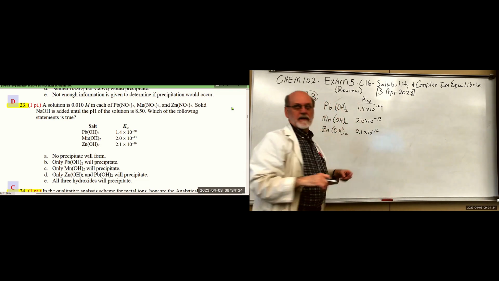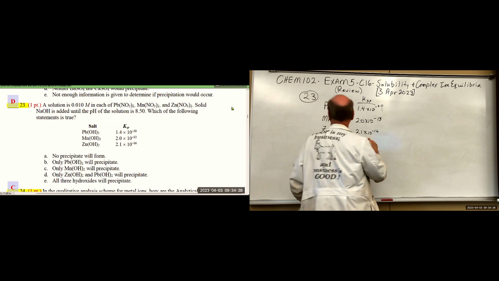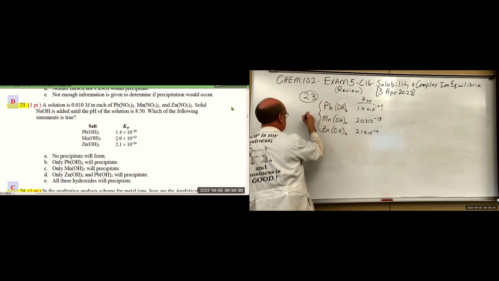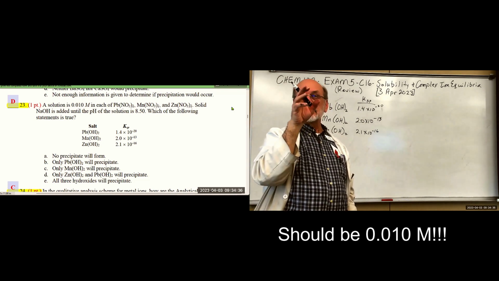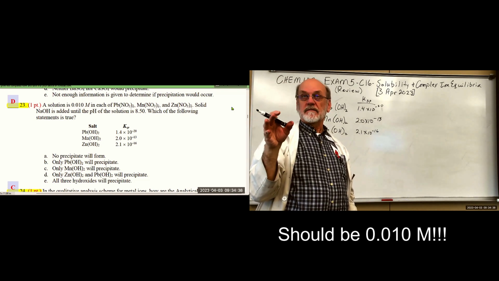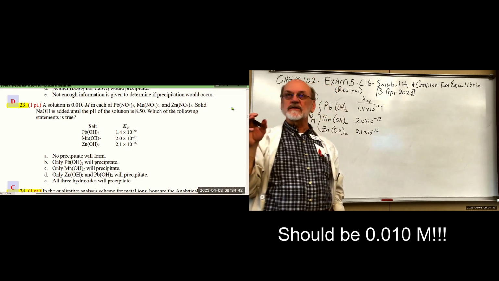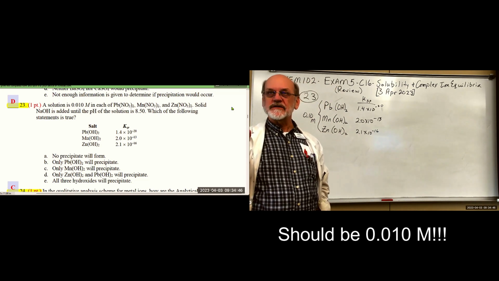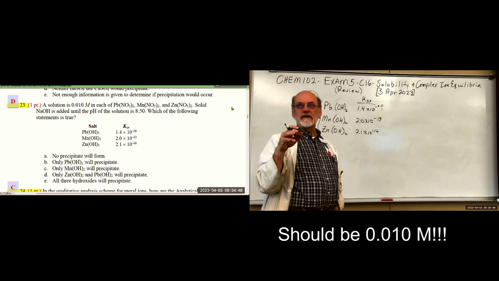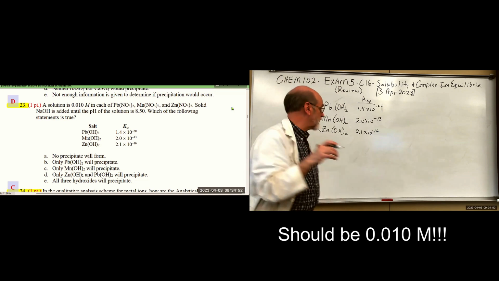Okay. The question is, each one of these is at 0.1 molar in the same solution. Sodium hydroxide is added until the pH of the solution is 8.5. So which of the statements is true? Solid sodium hydroxide is added until the pH is 8.5.